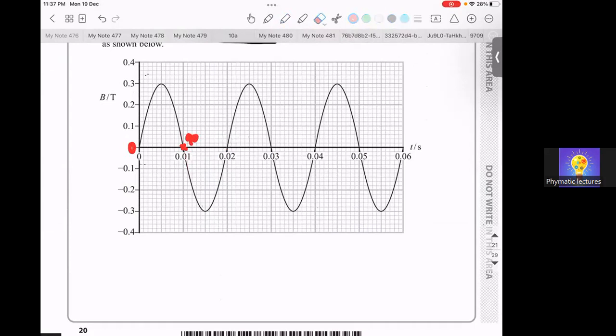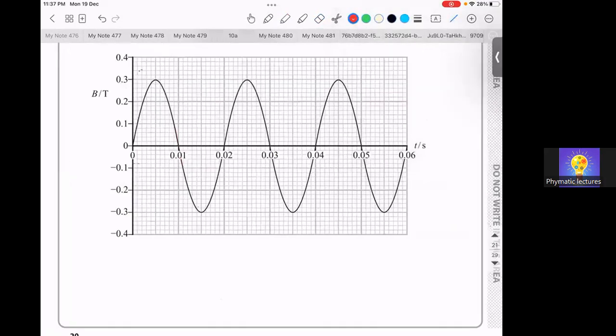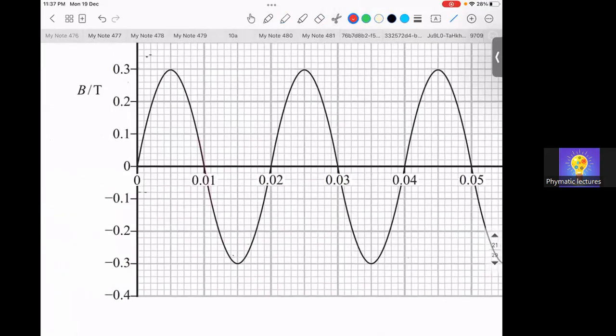It's not the 90-degree point, forget about that. It's the point at which it crosses the time axis, the x-axis. That is the point at which it gives the maximum negative gradient. Okay, it's very important.